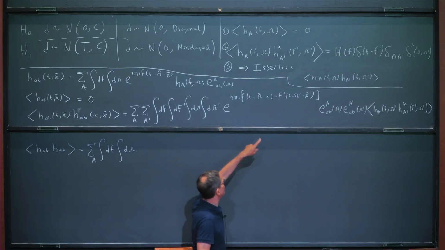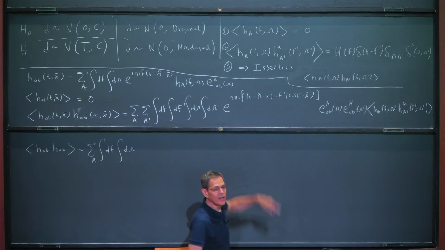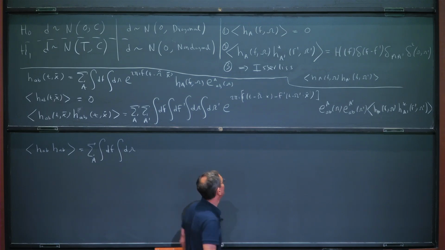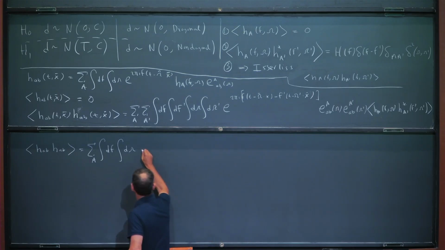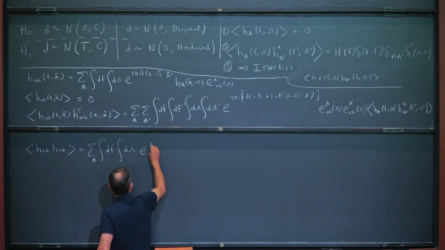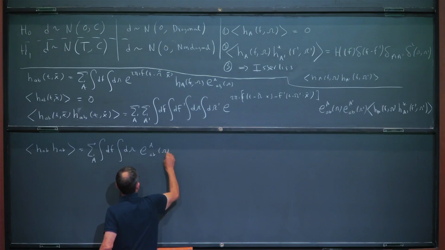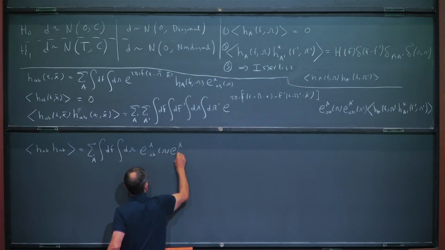Because f is equal to f prime, and because omega is equal to omega prime, the argument of the exponential is now 0. The e_AB becomes that.